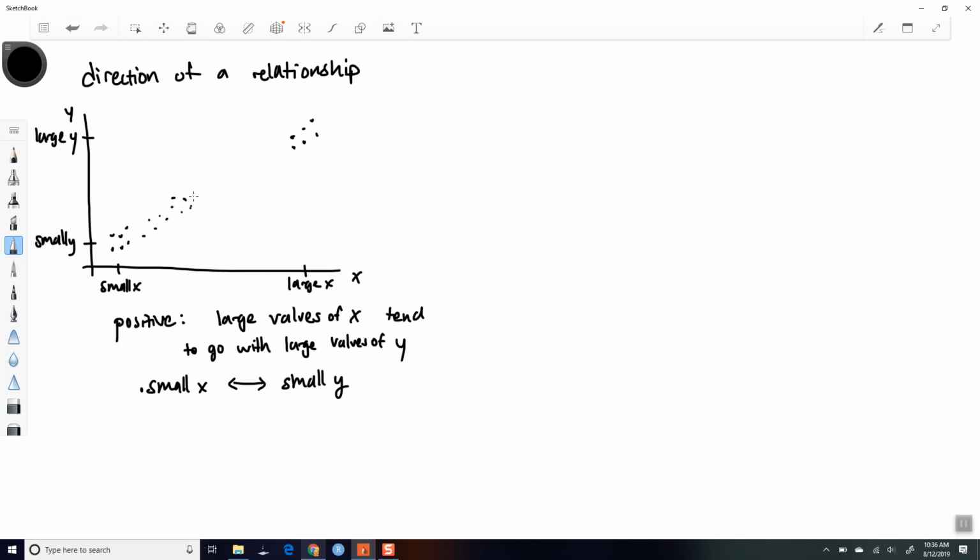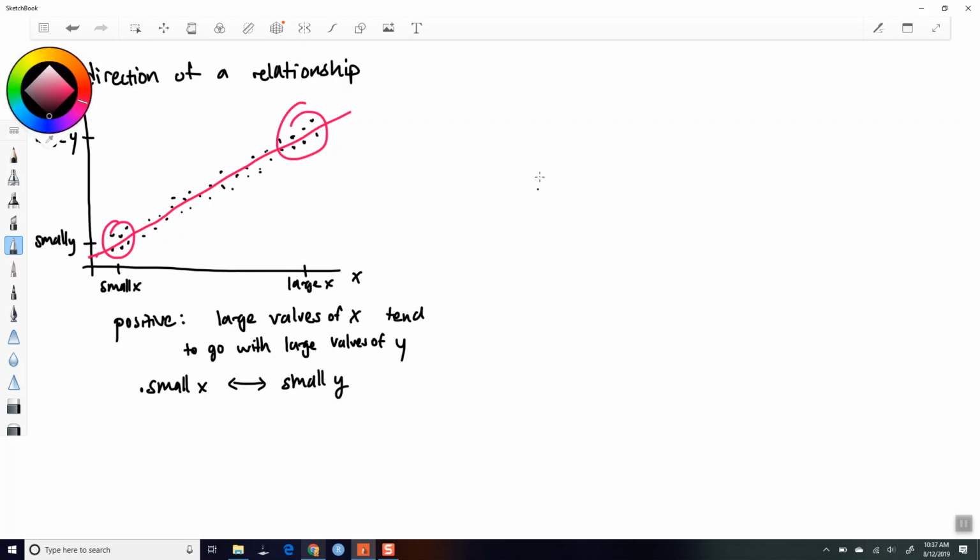This relationship generally holds. A positive trend basically has something like this: large x goes with large y, small x goes with small y, and you have this overall direction that looks like that.